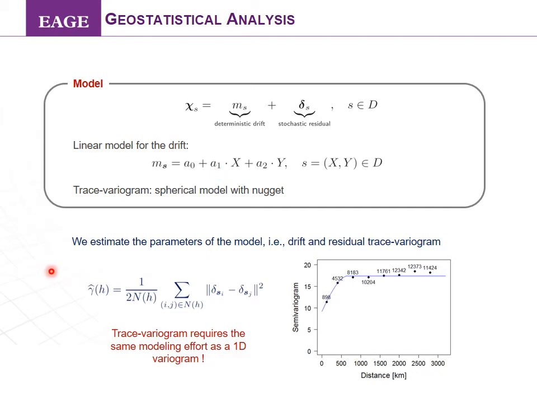So we have to estimate the trace variogram, and if you are dealing with universal kriging, we basically have to estimate the variogram of the residual. And so here we see the variogram that's calculated based on that equation I showed in the previous slide. That's basically the same as the variogram that we would calculate for a simple scalar field. So that extends very nicely, and we see that indeed we get some range. I don't think this is kilometers, it'd be meters or something else. And so we see that there's a specific range that is appearing.